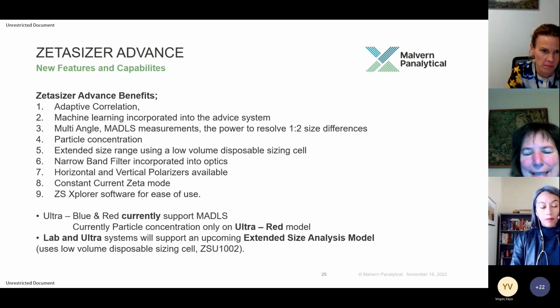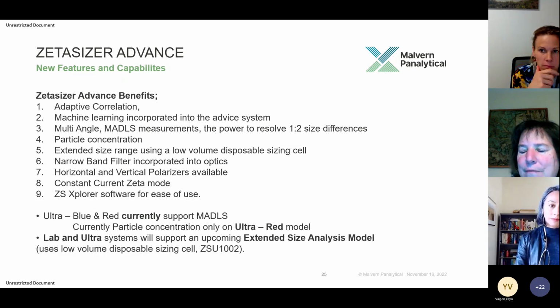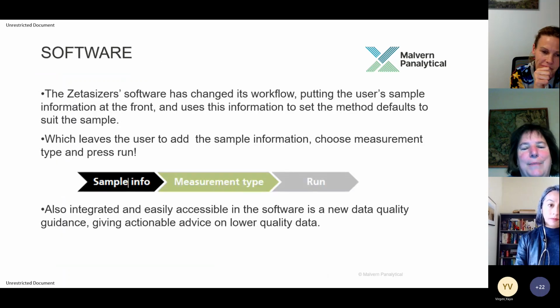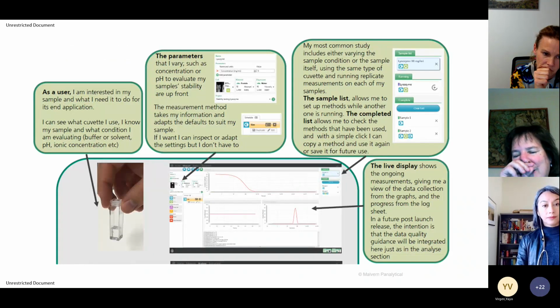And the software is completely new. It looks more like an iPhone kind of software. I'm not going to spend much time on this, but basically all you need to do in the software is type in a sample name, tell it what kind of measurement, and hit run. And this is what the software looks like.